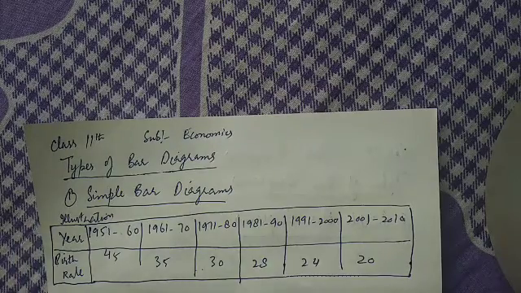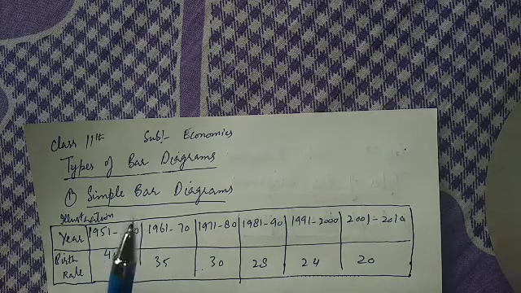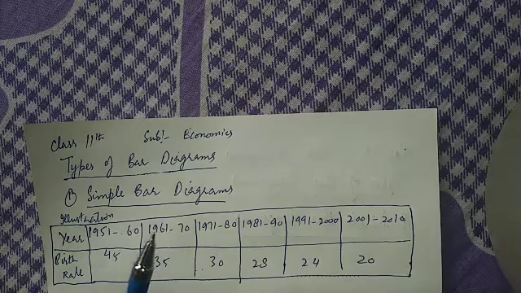See, now this is the first illustration. The following table gives data on birth rate in India according to census survey of different years. Present the information in the form of vertical simple bar diagrams.